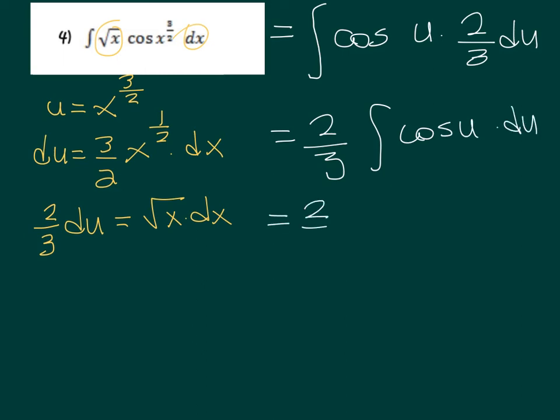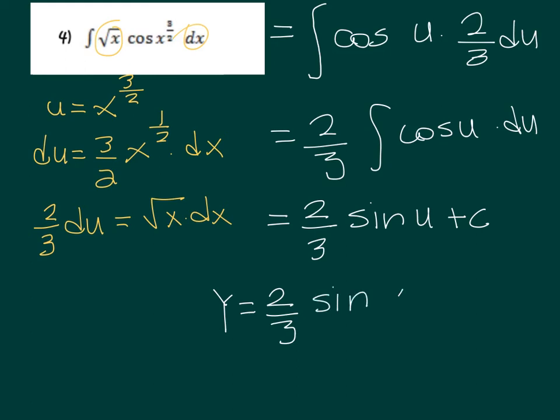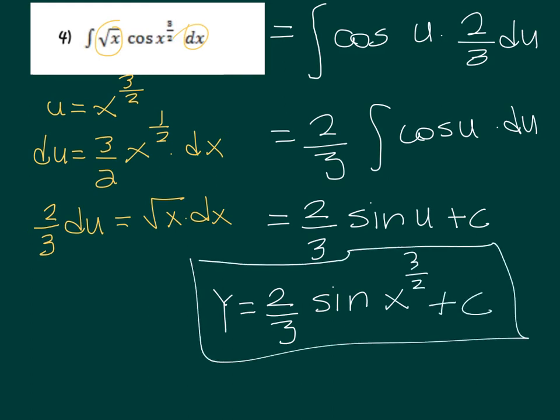And by knowing the formulas, you know that the integral of cosine is sine of u plus c. So substituting back, the antiderivative is going to be 2/3 of sine of x to the 3/2 plus c. And that's your original function, or your indefinite integral.